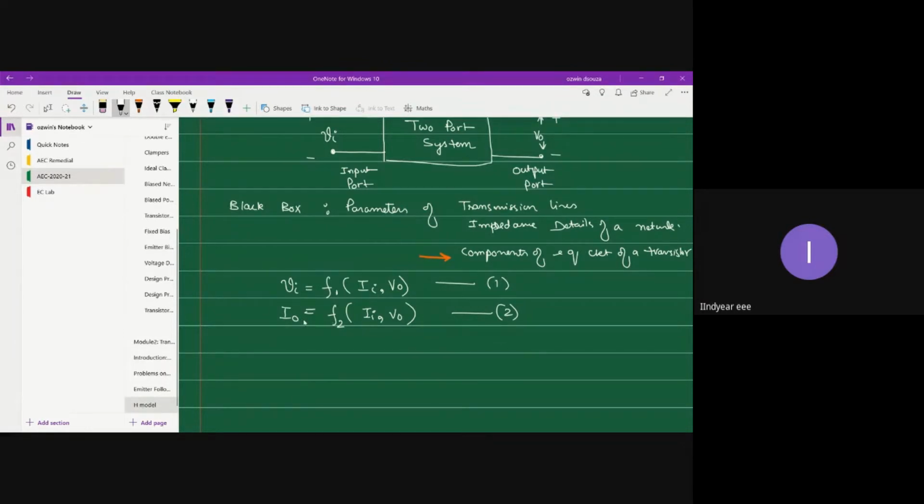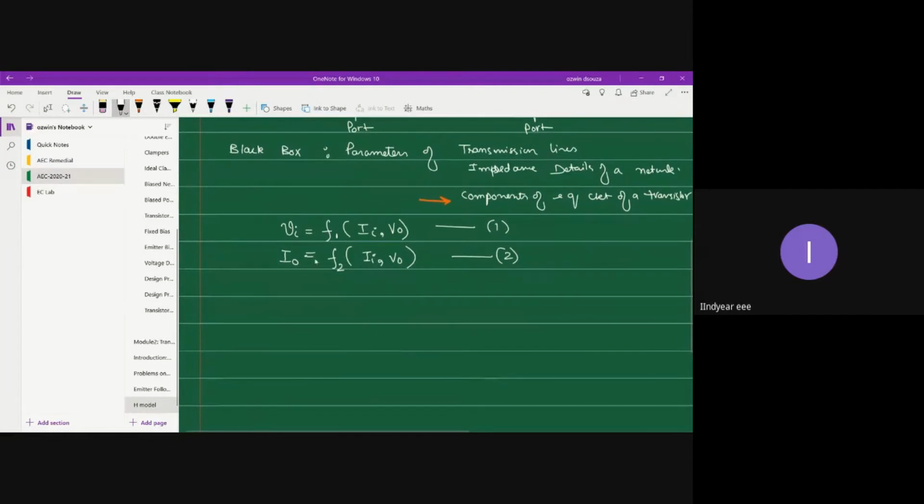Let's call these equation 1 and equation 2. Since we are talking about electronic systems, in a linear region you can apply Kirchhoff's voltage law as well as Kirchhoff's current law. So Vi basically relates to Kirchhoff's voltage law, KVL, and I0 basically relates to Kirchhoff's current law, KCL.